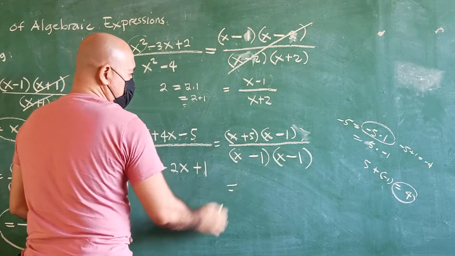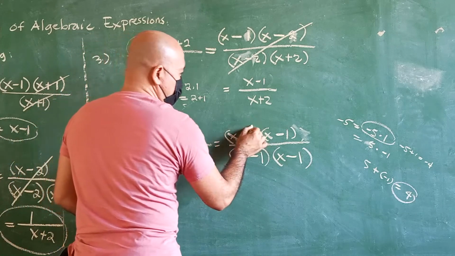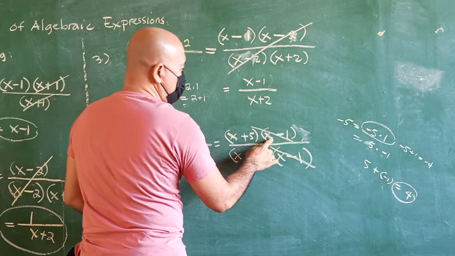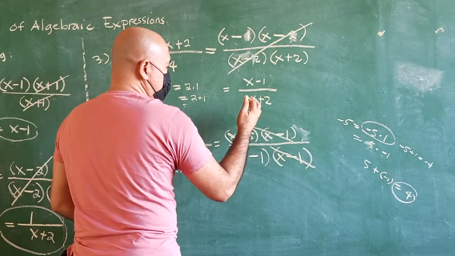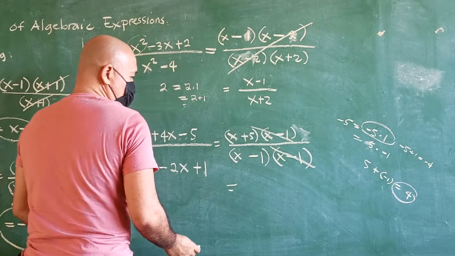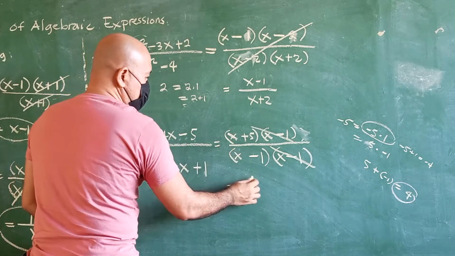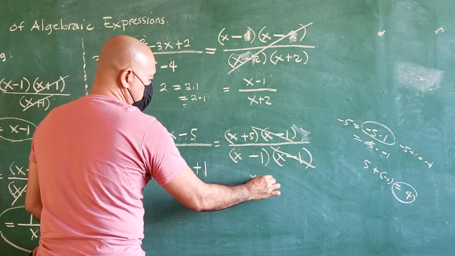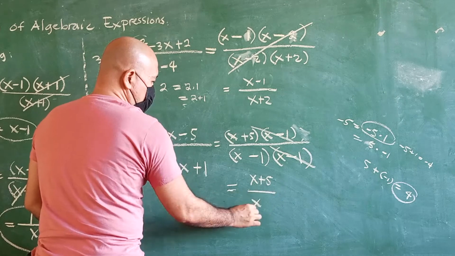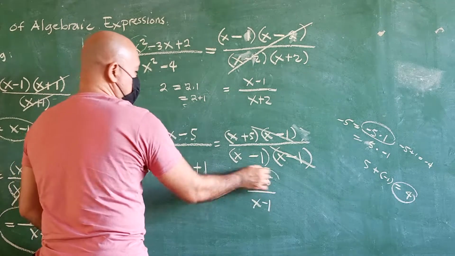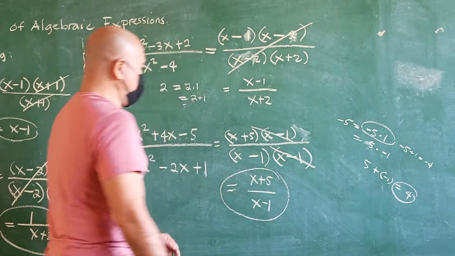And then after factoring, look for the common factor. Obviously, x minus 1 is common to the numerator and denominator. So dividing by cancellation, the remaining expression will be x plus 5 over x minus 1. So this is your quotient.